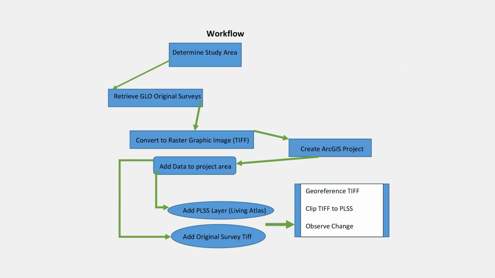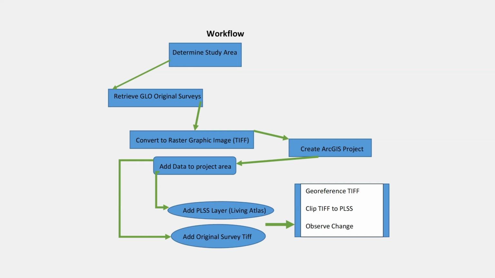A basic workflow will be determining the study area, retrieving the GLO original surveys, converting those surveys to raster graphic images as TIFFs, and creating an ArcGIS Pro project.